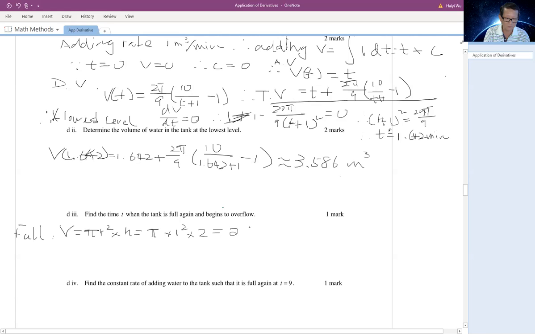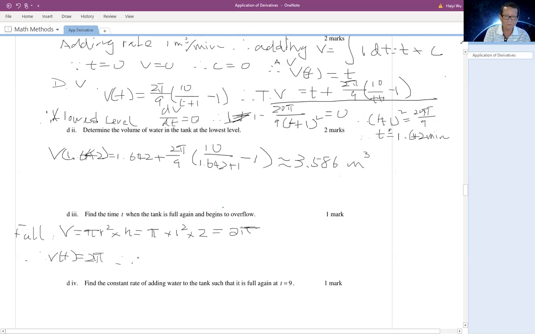So the answer will be 2 pi. So that's the full tank. Therefore, the total of draining and adding water, V of t, must be equal to 2 pi.